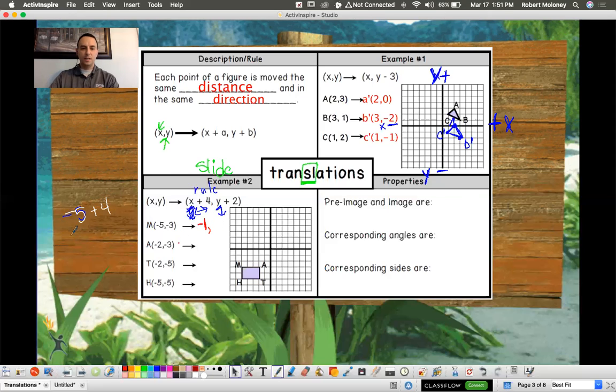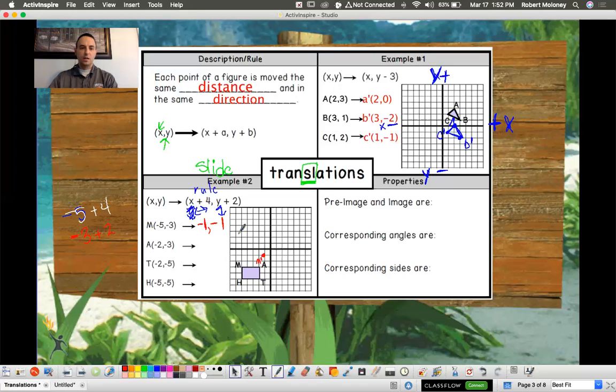And then if I take -3 and I add 2 to it, what's that? -1. So those are my new coordinates for m: -1, -1. So really what I'm doing is going up 2 and to the right 4 places. So my new coordinate is right here for m.